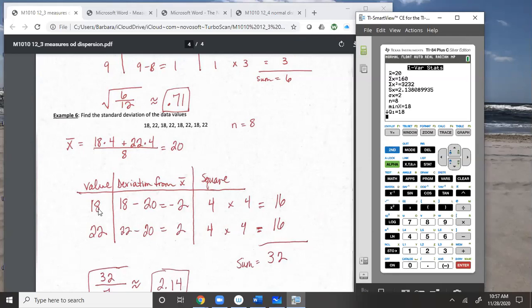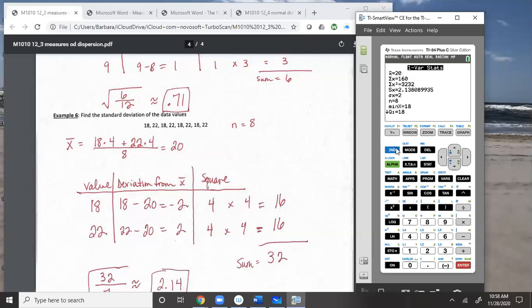Now, because this appears 4 times in our list, we're going to multiply that by 4, and you get 16. 22 minus 20 is 2. We square that, we get 4. That appears 4 times, so we're going to multiply by 4, and we get 16. The sum of the squares is 32.